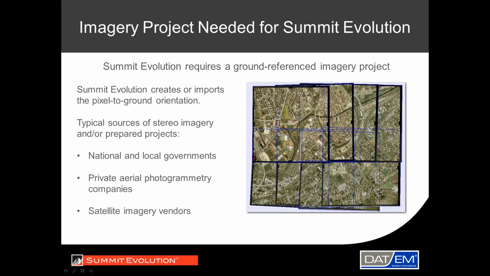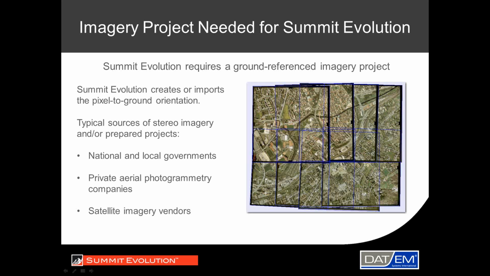All of these sensors create acceptable image formats to make a stereo product that will work in Summit Evolution. We can also just view orthophotos, and if you have a DEM with your orthophoto, we can use that DEM to track elevation for the cursor, because an orthophoto is not a stereo product. So most types of imagery are going to be perfectly acceptable to create a project in Summit.